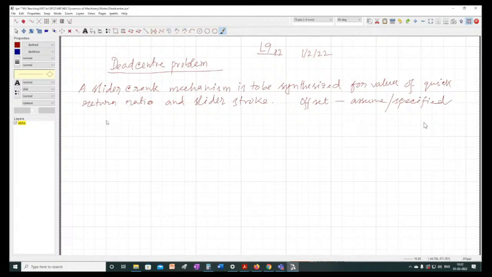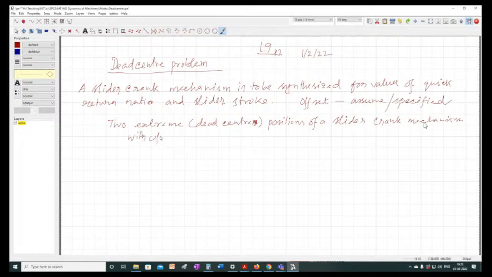So let us now draw the two extreme positions, which are called dead centers. Two extreme positions of a slider crank mechanism with offset.